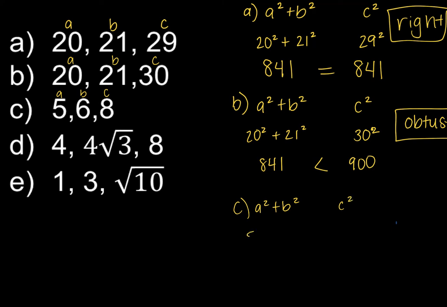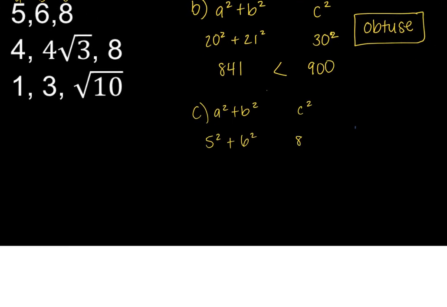A squared is 5 squared plus B squared is going to be 6 squared, and C squared is 8 squared. 5 squared is 25. We add that with 36. And 8 squared is 64. 25 plus 36 gives us 61, which is less than 64. When your C squared is bigger, obtuse.